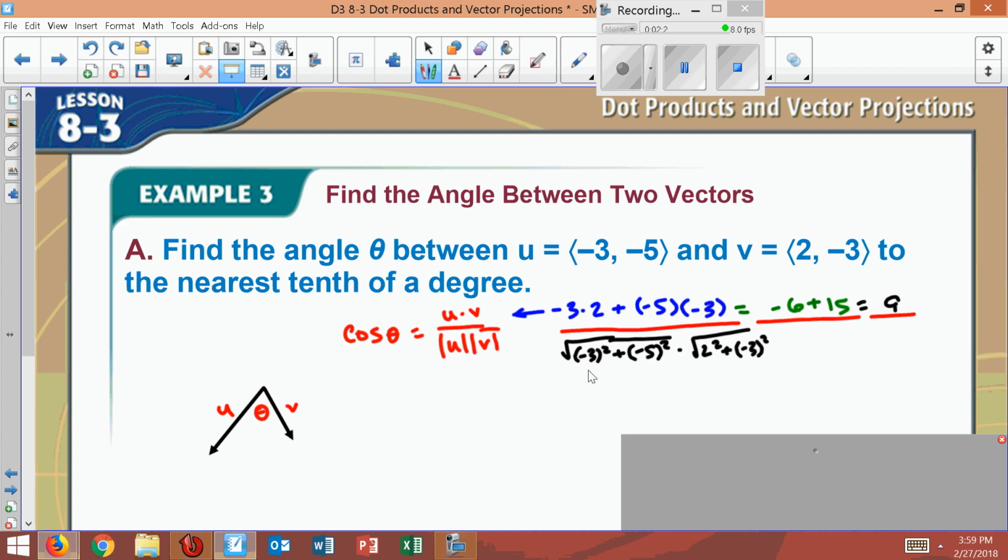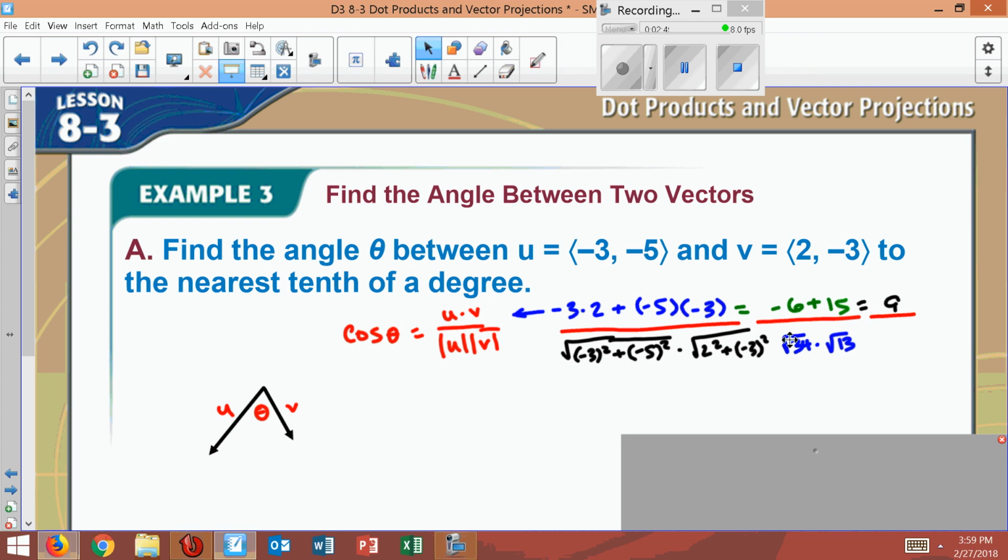So what is it? When I go to the next step here, I would have the square root of, this is +9, because -3 times -3 is +9, plus 25. So it's the square root of 34 times the square root of, this is 4 plus 9, the square root of 13. And I multiply those out. Let me see what the calculator says.